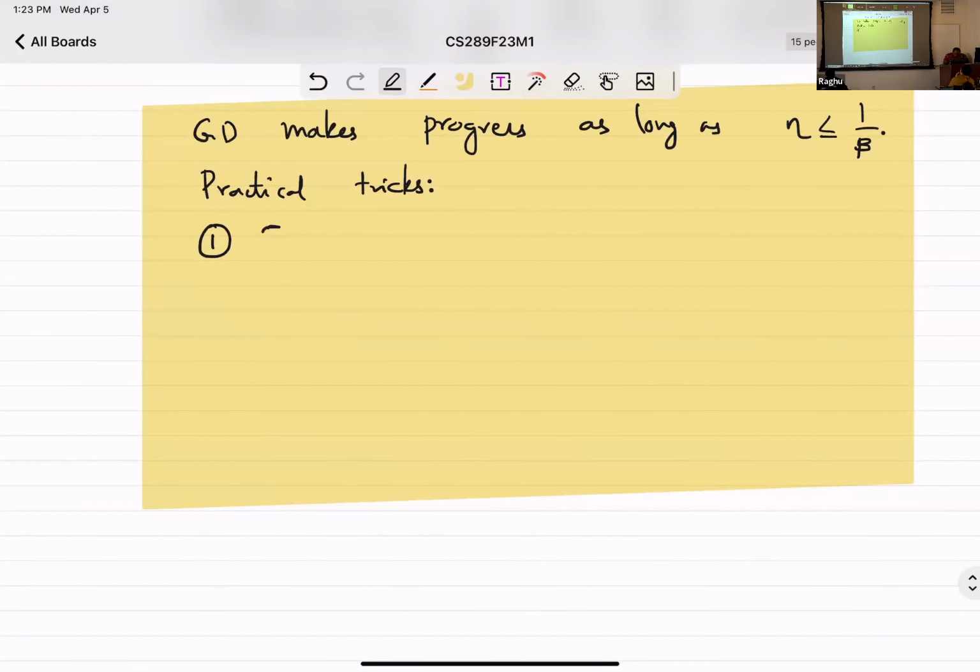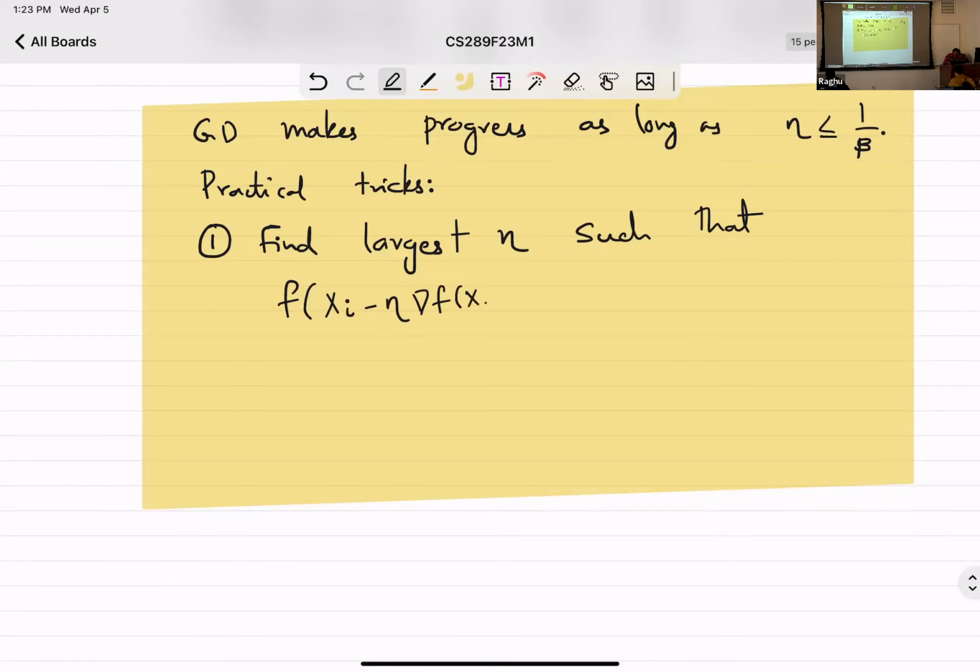One way to do that is a sort of greedy search, where you find the largest eta such that the progress condition holds. We know there is some such step size. As long as the step size is sufficiently small compared to the smoothness, you're not going to hurt yourself.